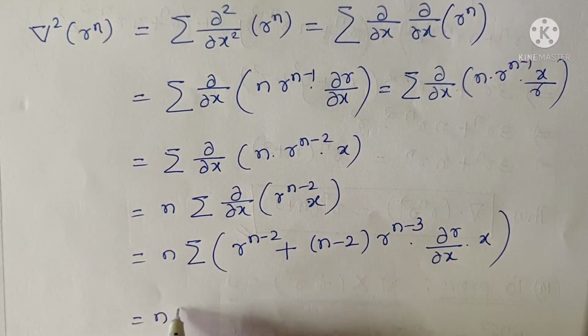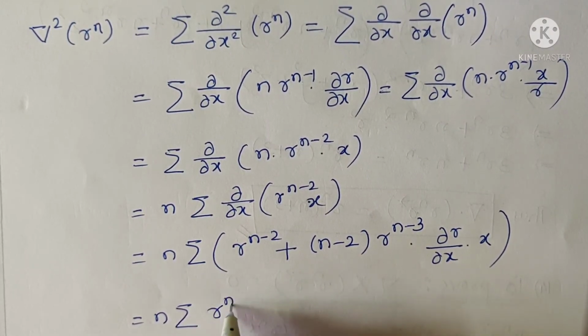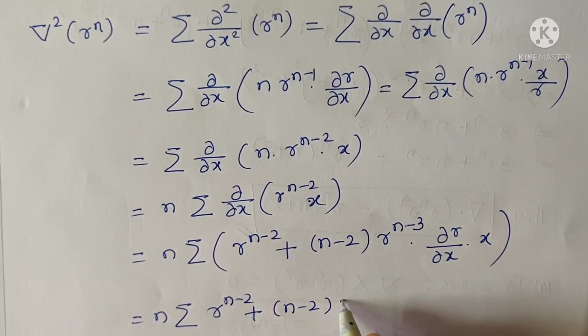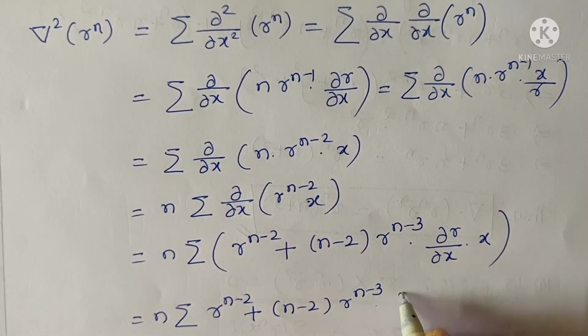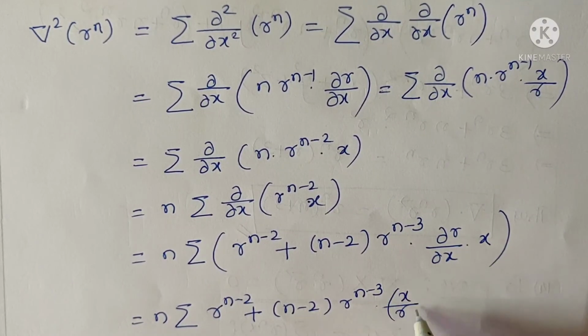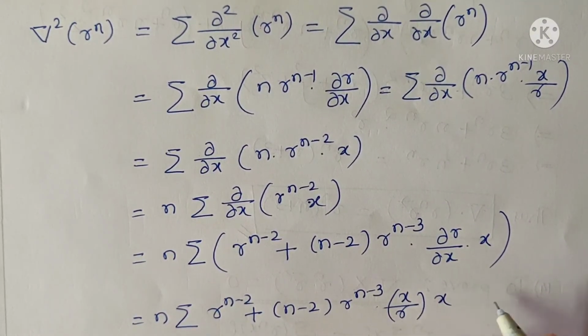So this is n into summation of r raised to n minus 2 plus n minus 2 r raised to n minus 3, dou r by dou x is x by r, into x.